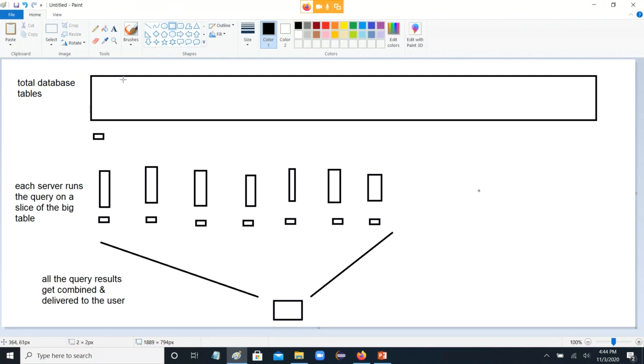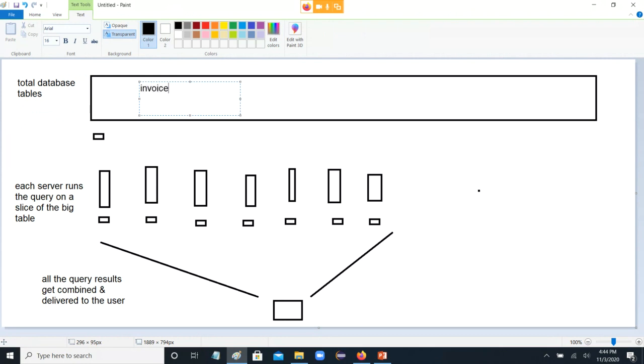Okay, so if, for example, this is a table of invoices, which could be very large, and this is a list of customers, which is very small, and we want to run some query on that. Well, I can slice this. I can send each server a set of invoices, and then the list of customers, whatever I'm looking for, a zip code, whatever. And same thing here, invoices, customers.